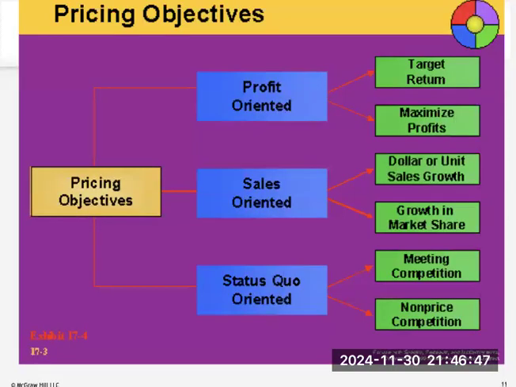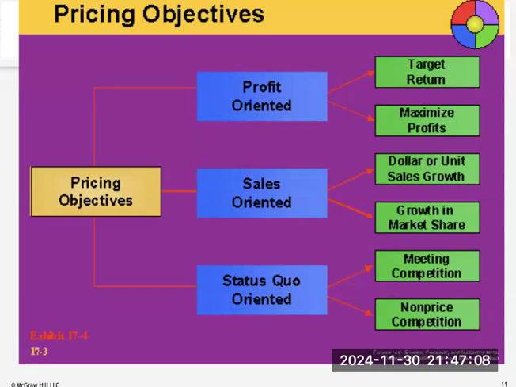This is something I would like you to consider for your final project. If I see something similar to this in your final project, I will know that you watched this. We're going to talk about this when we're together, but you have to come up with a pricing objective in your final project.